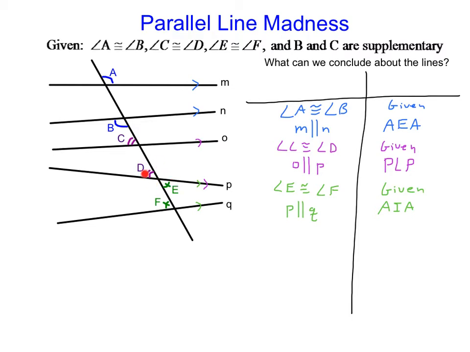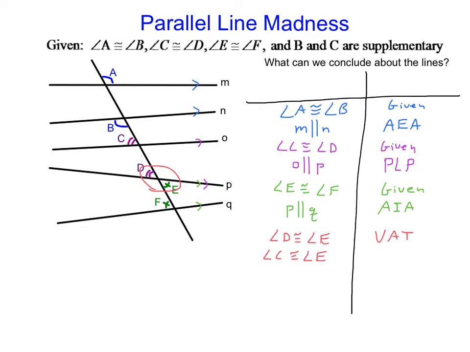I wanted to practice this connection here with D and E, that those are vertical angles. So we get that they're congruent by the vertical angle theorem. And now we can do some substitution in here. I guess at this point I'm just playing around. There's all kinds of ways that you could prove this.